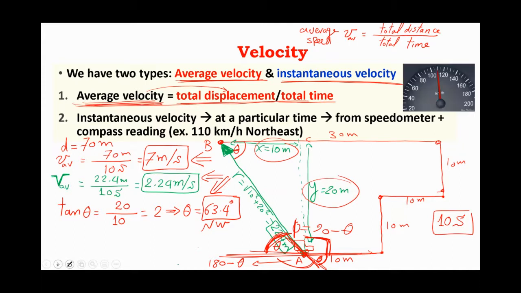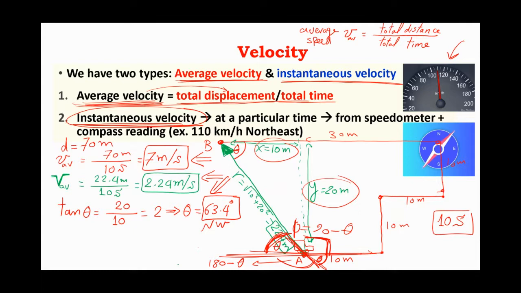So the other part here is the instantaneous velocity. We said for the instantaneous speed, you need to look at the speedometer. Also for the instantaneous velocity, you need to look at the speedometer, but also you need a compass.